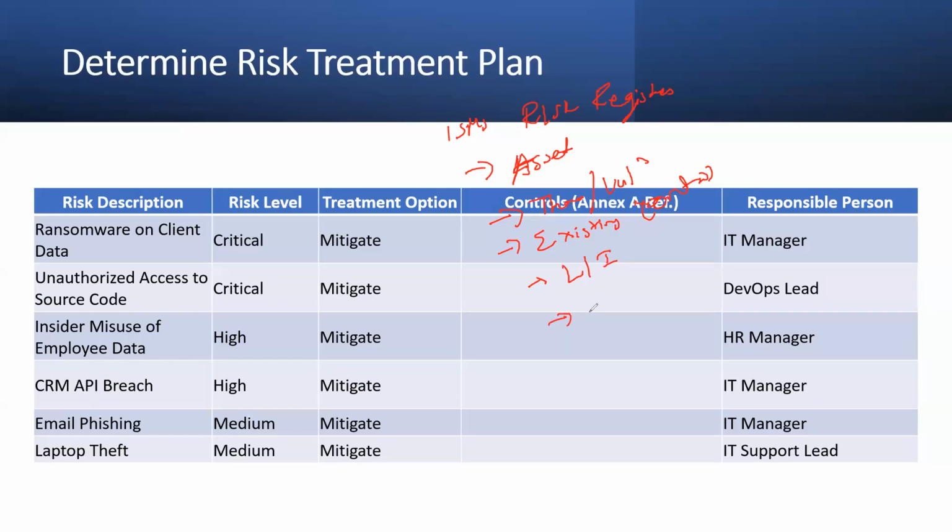What is the risk score, or level? Who is the owner? Owner name, treatment plan, deadline when this risk needs to be treated, and lastly the review date. So like this you can create the risk register.